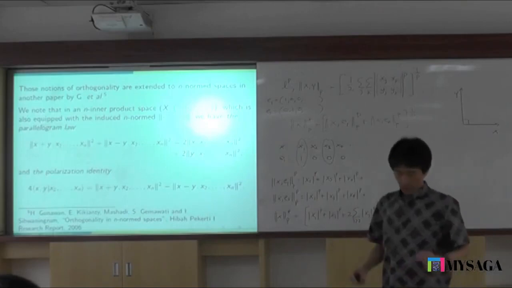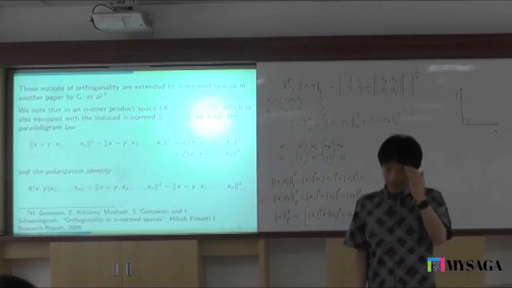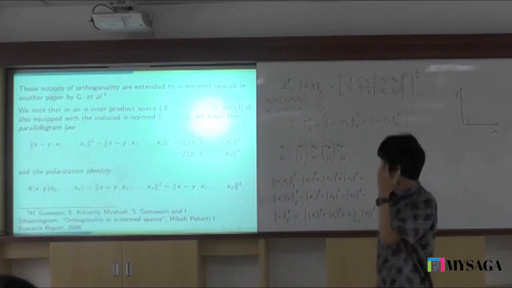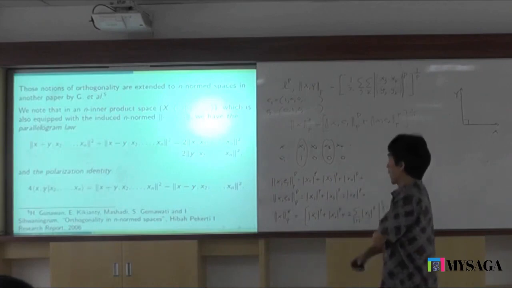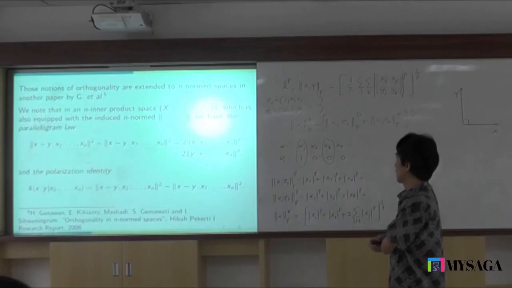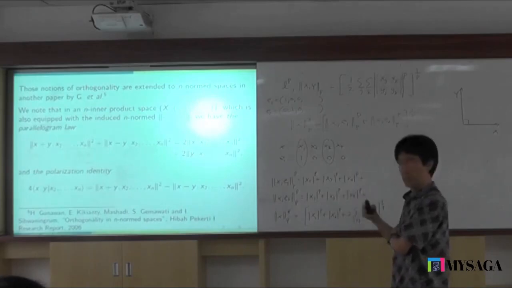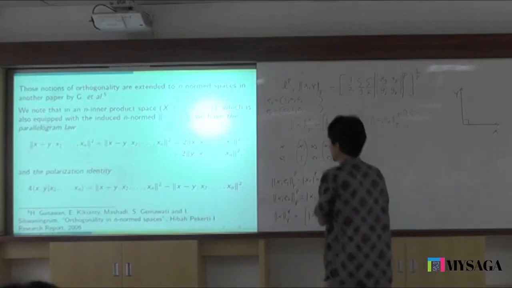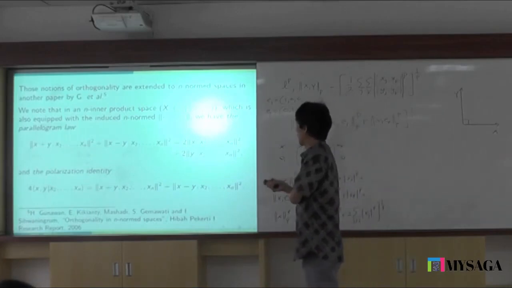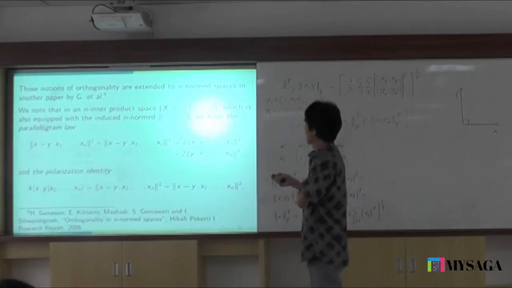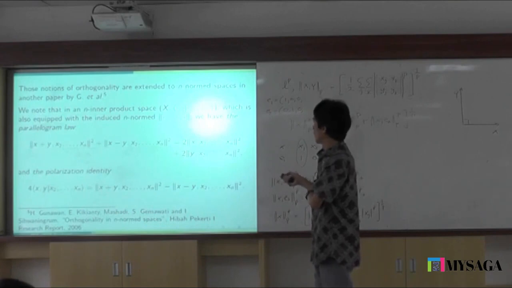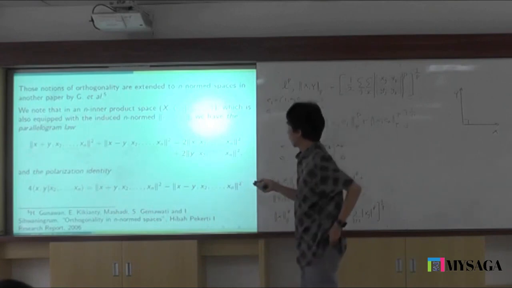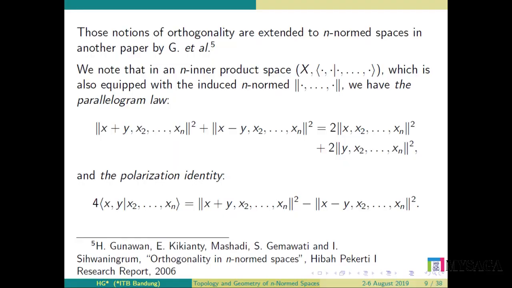So now I will talk about this in the setting of n-normed spaces. Okay? So I haven't mentioned this earlier, but you can guess that in an n-inner product space, which is also equivalent to n-normed, we have the parallelogram law, and we also have the polarization identity.